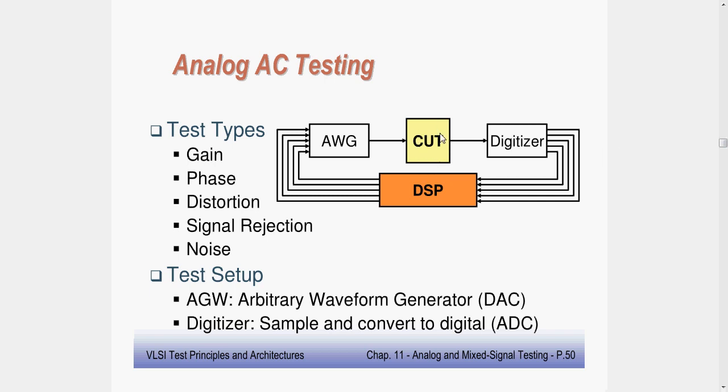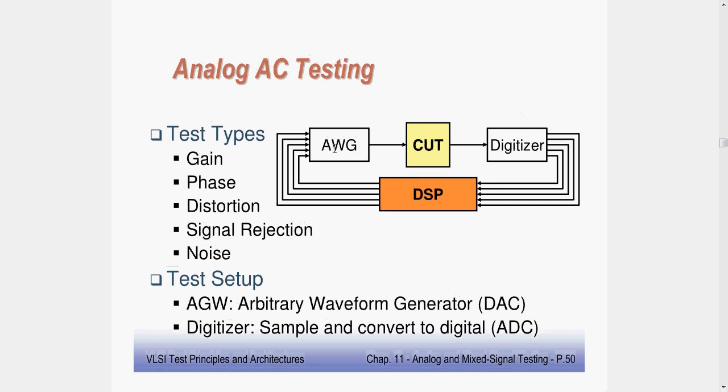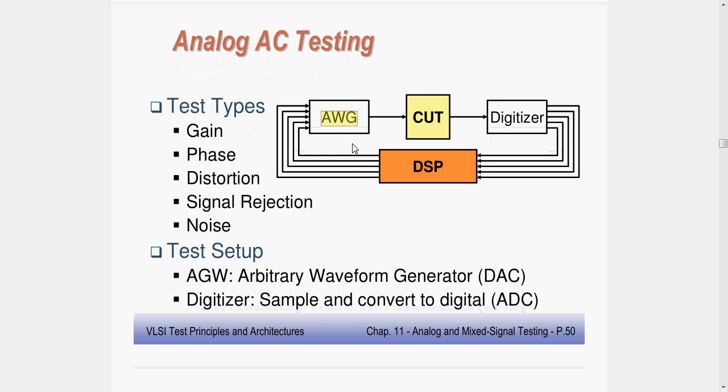For this circuit, we need to give a stimulus, and we have to record the response. How will you give a stimulus to the circuit? In a digital circuit, you will have ATPG, the automatic test pattern generator. Here you will have an arbitrary waveform generator.